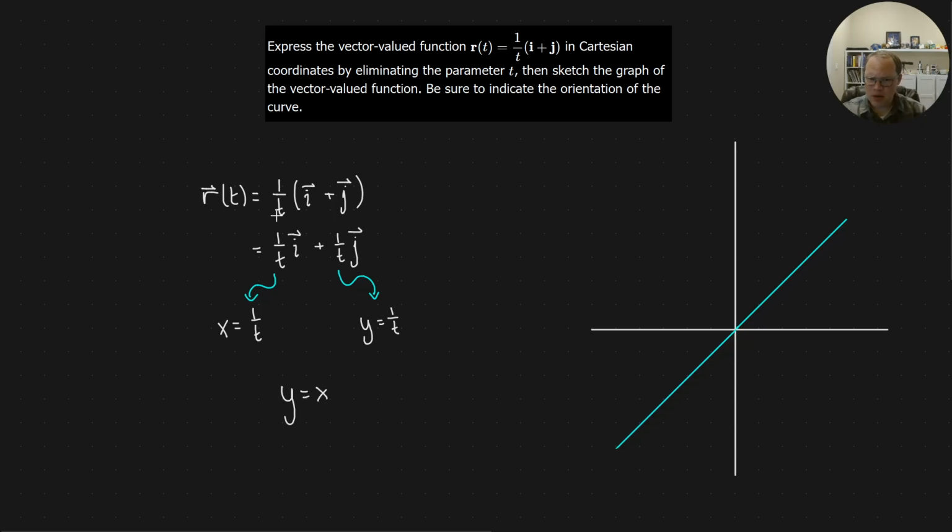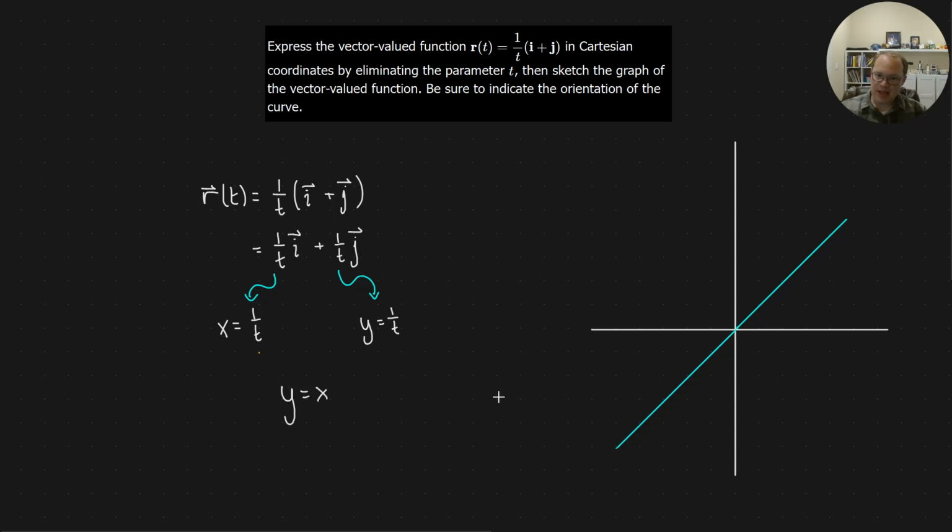Okay, first off, notice I can't plug in t equals 0, right? But as my t's get bigger, my fraction gets smaller. My x and y values get smaller, right? Larger t's, smaller fractions.